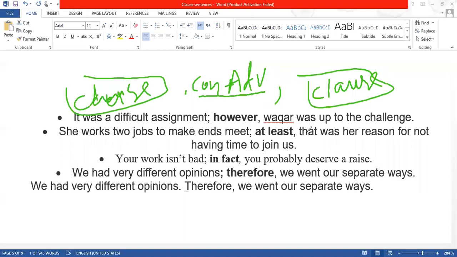From now onwards, you will write paragraphs. If you cannot find a topic, I can give you a topic, or you just start and write about anything, whatever you like. Just go and write a paragraph. But remember, you should use all these conjunctive adverbs, right? Can you do that?